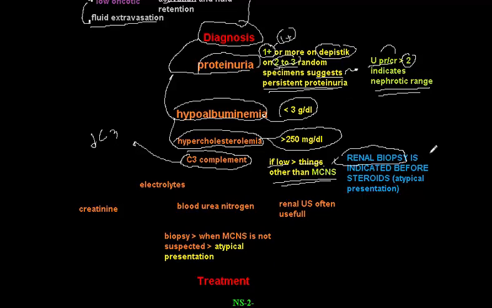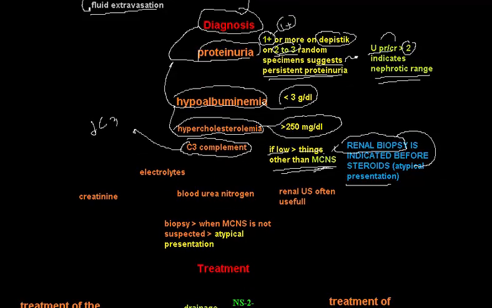So the indication of renal biopsy in nephrotic syndrome, if we have a suspicion of other than minimal change nephrotic syndrome, either by symptoms, like the symptoms I told you about atypical nephrotic syndrome, or by non-responsiveness to steroid treatment, because usually the minimal change nephrotic syndrome will respond to steroid. If it doesn't respond, then you have to have a suspicion of other types, okay, atypical presentation.